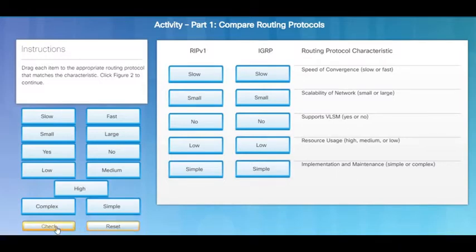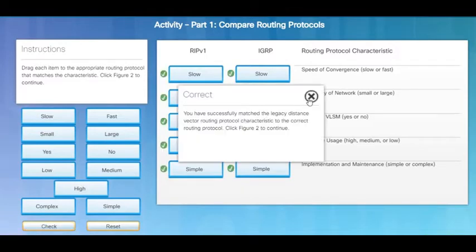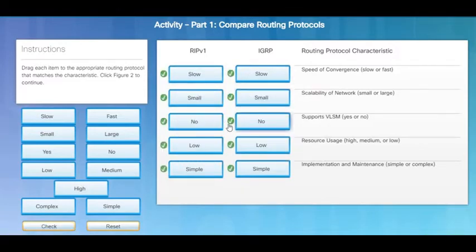Let's check if your answers are all correct. Right there. These are the basic characteristics of both RIP v1 and IGRP.